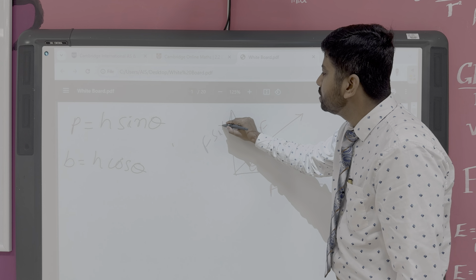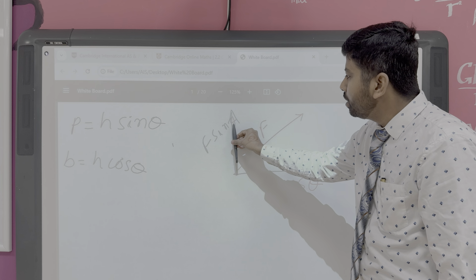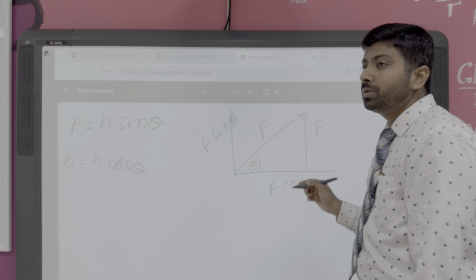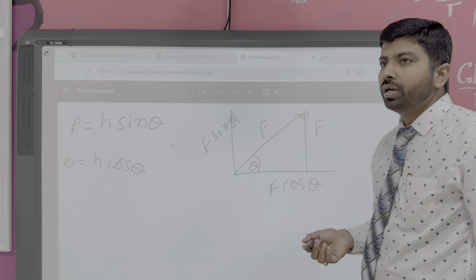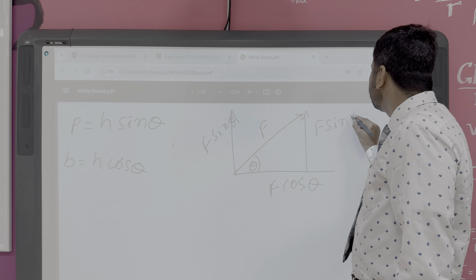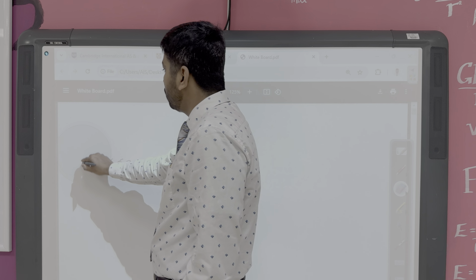F sine theta. Are you with me? And sometimes this can be shifted here, we can write here also. This is also allowed. This type of shifting is called parallel shifting, and this is linear shifting. Okay, so similarly now we'll go to our exercise.